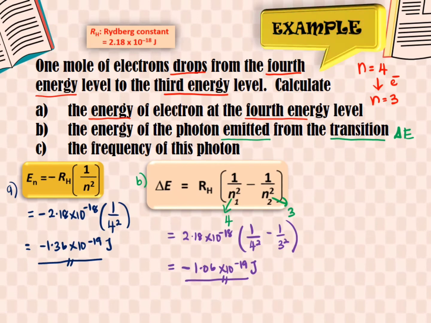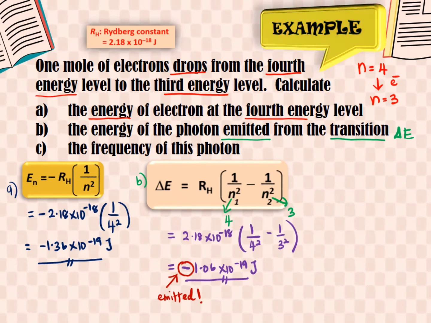See, why the sign is negative? Kalau you tekan calculator, memang you akan dapat negative. So, this negative sign refer kepada energy emitted. Negatif refer kepada energi atau tenaga itu telah dibebaskan. Sebab kita tahu kalau elektron make a transition from higher to lower energy level, it will release energy.